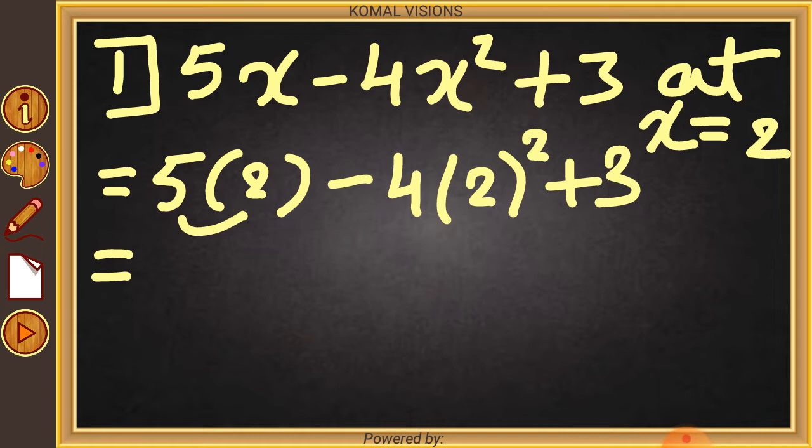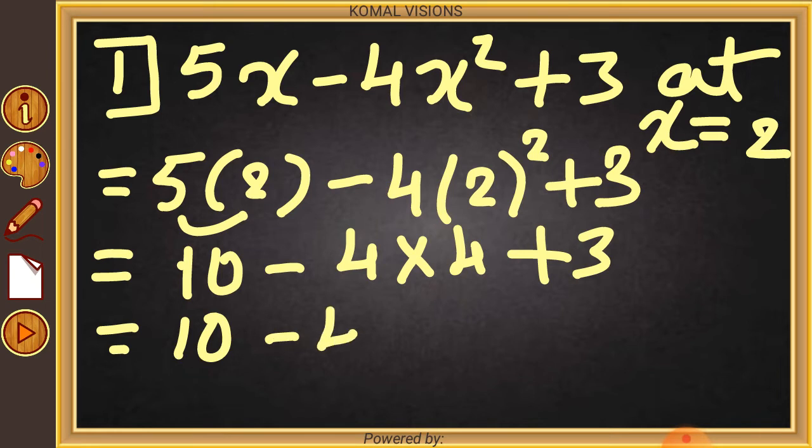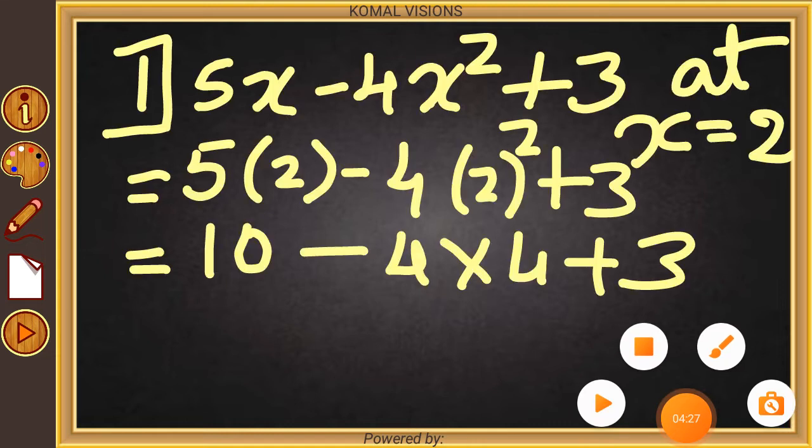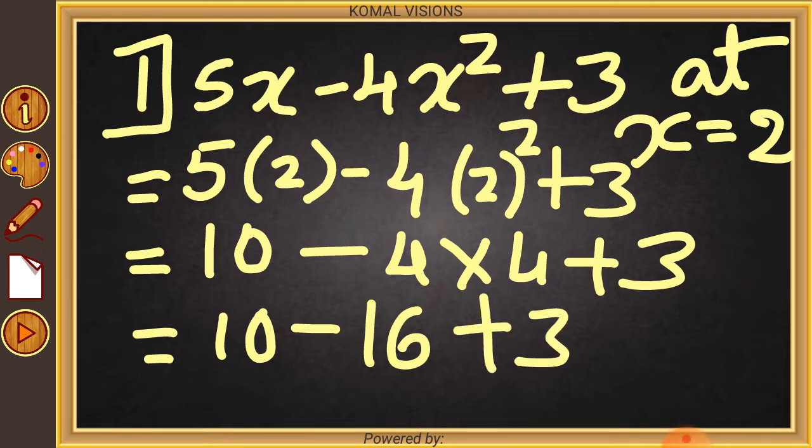Now I should multiply 5 into 2, it will be 10, 5 2s are 10, minus 4 into 2 square is 4 4s, plus 3. Now 10 is written as it is, 4 4s are 16, so 10 minus 16 plus 3.